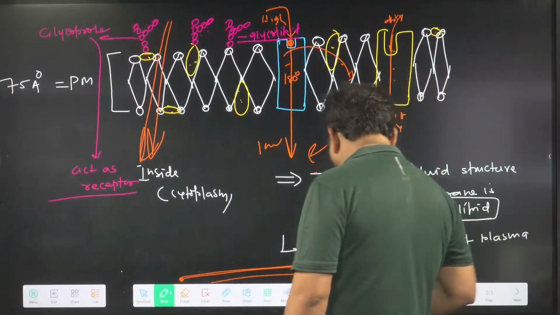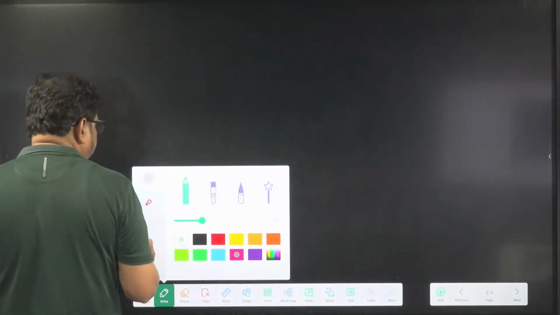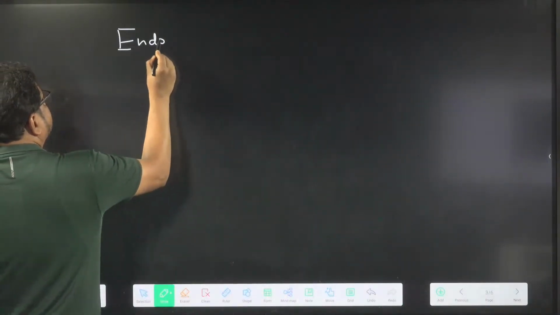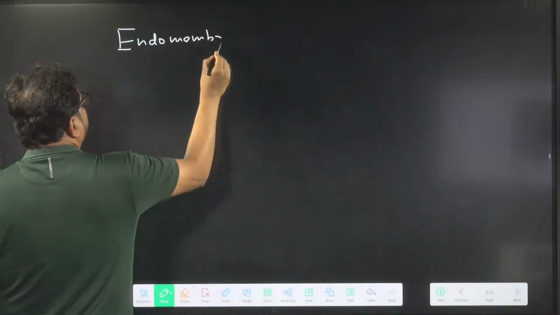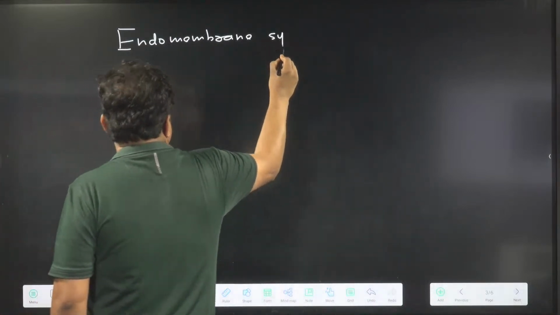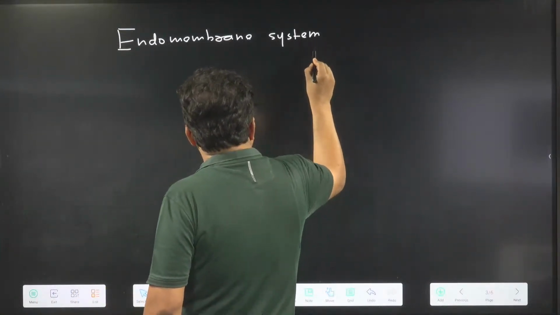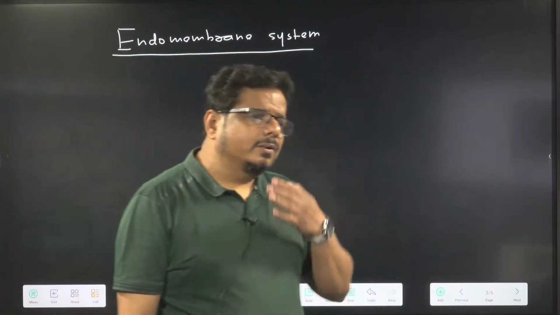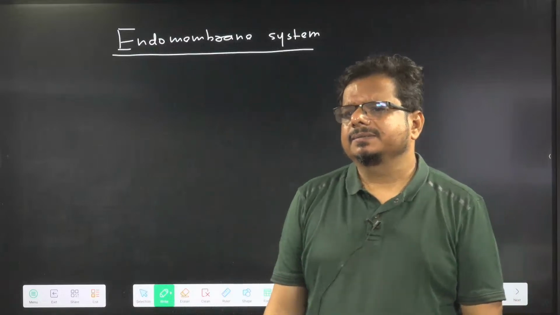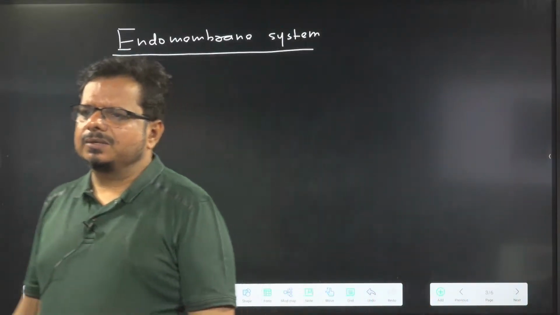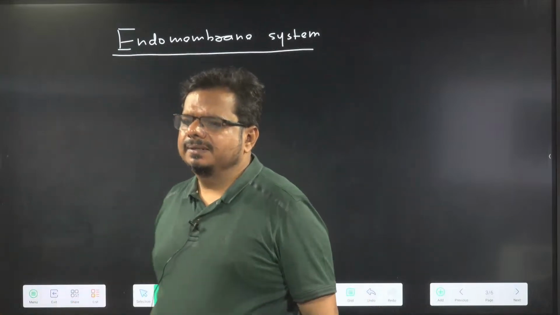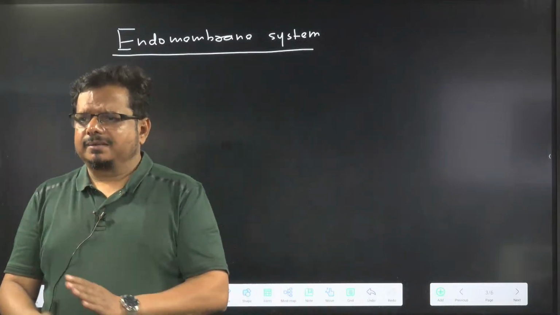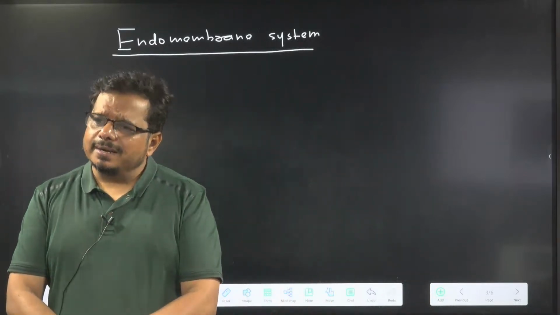Done. Now we are moving toward the endomembrane system. When you look at a eukaryotic cell, so many cell organelles are there. Each and every cell organelle is distinct. They have a specific structure and function.